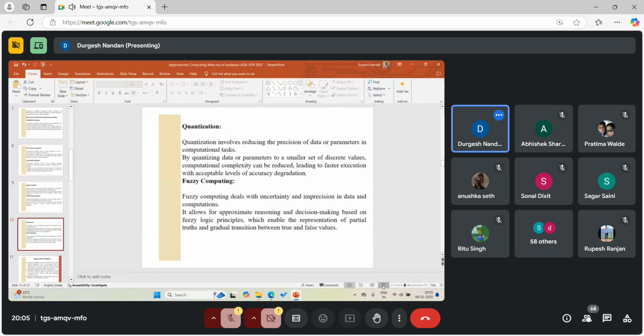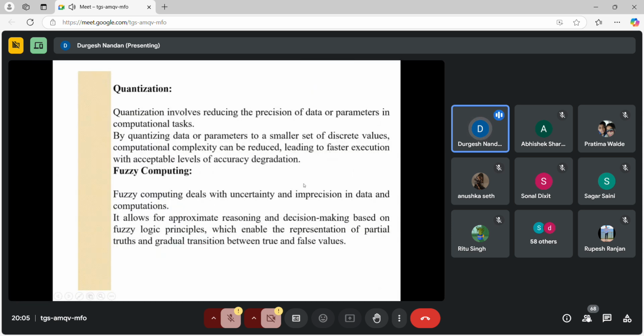One popular approximate algorithm is quantization. Basically, it reduces the precision of data or parameters in computational tasks by quantizing data or parameters to a smaller set of discrete values. It reduces the computational complexity and makes execution faster with an acceptable level of accuracy degradation.